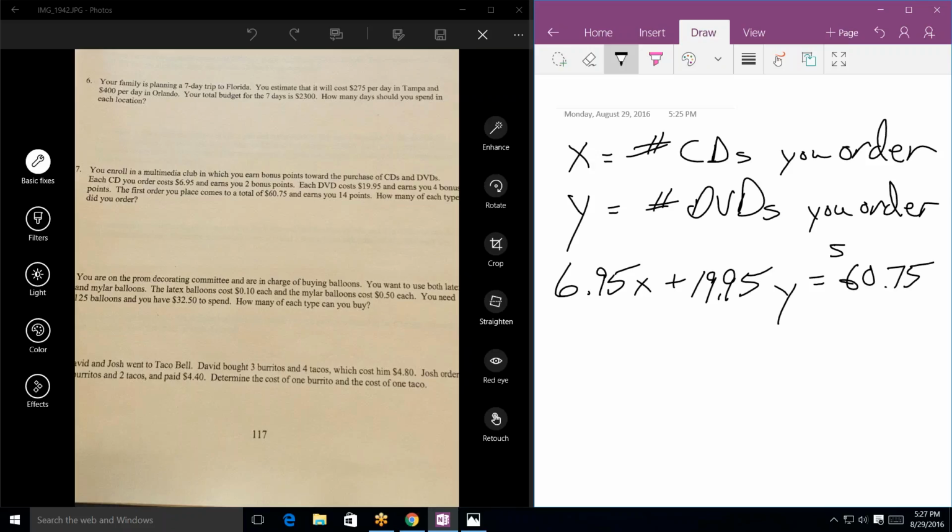Now, the second equation is going to come from the bonus points. Okay, so 2x plus 4y is equal to 14. Again, there's as far as we need to go. You can solve it once you get to there.